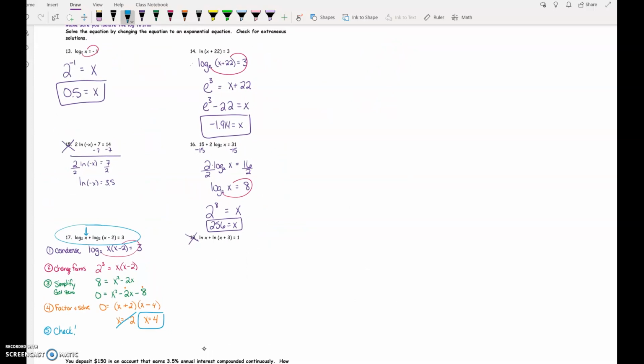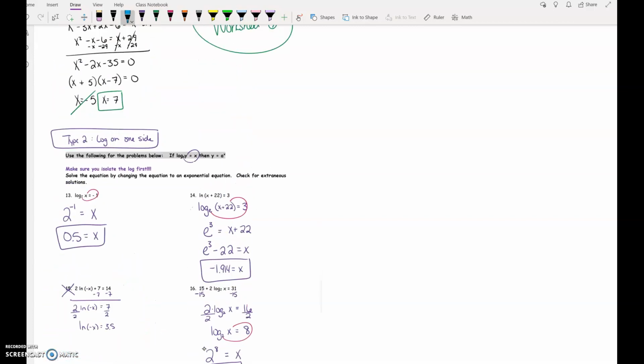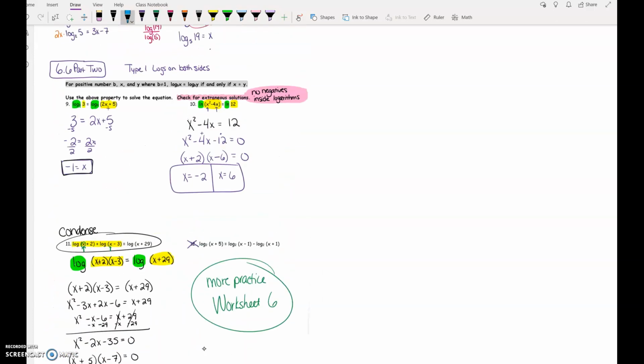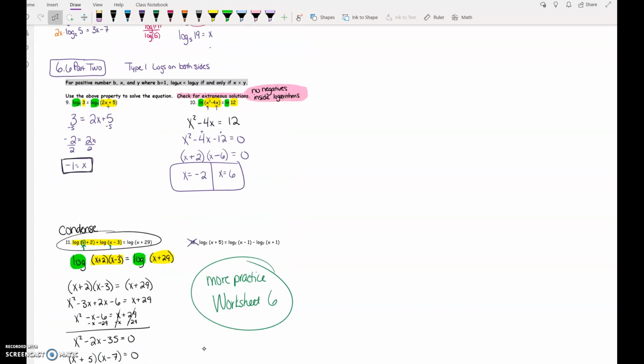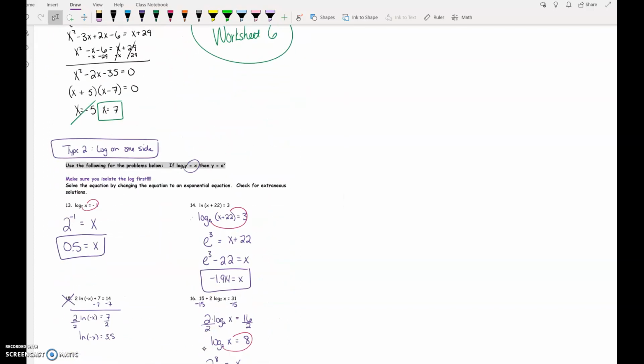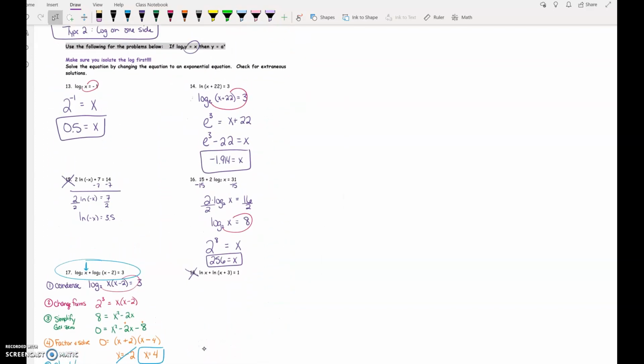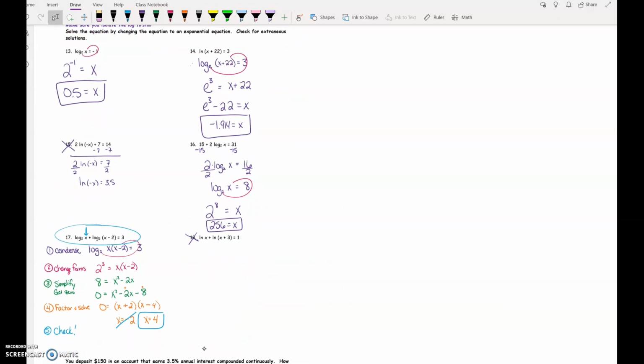There I think are 2 problems like number 17. And I think there's only a couple problems like number 9 and 10. On this page of your notes, if you want more practice like these, you can do worksheet 7. Worksheet 7 will have more practice, and I will post an answer key.